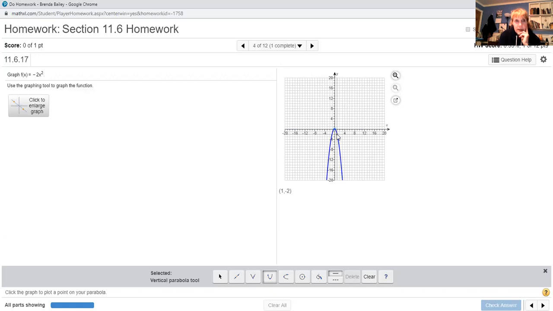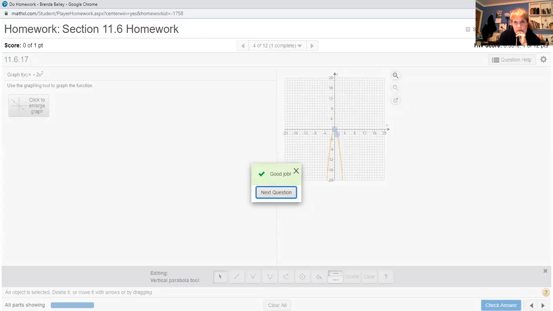And it's 1, -2. It opened down, which is what I thought. It's a little narrower than just a plain old x squared parent graph. And then you can just check your answer. It usually turns blue. Oh, well, let me check my answer here. Yep, okay, it liked it.